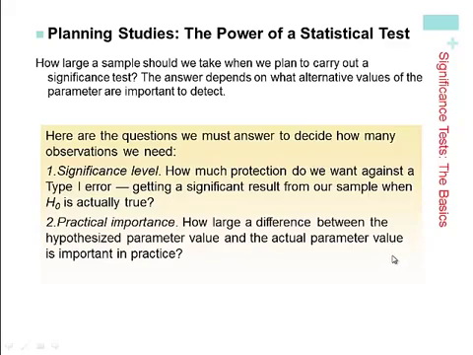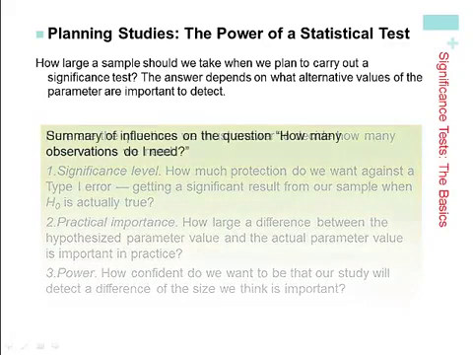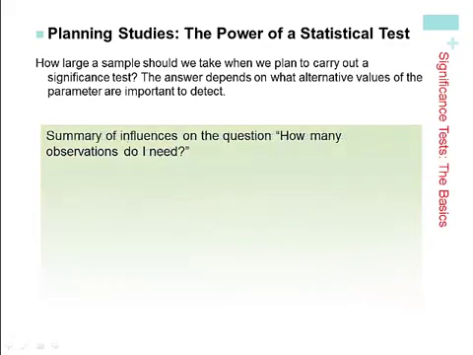How large a difference between the hypothesized parameter value and the actual parameter value is important in practice? Third, power. How confident do we want to be that our study will detect a difference of the size we think is important?